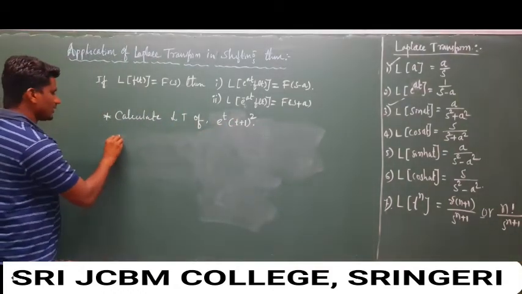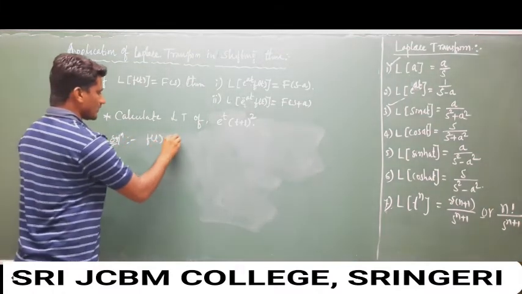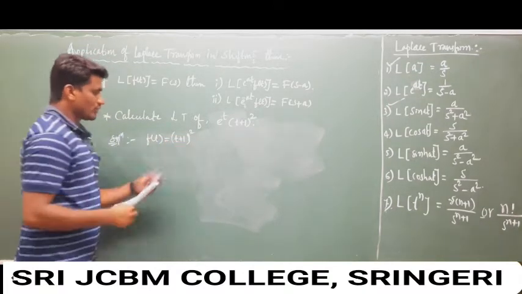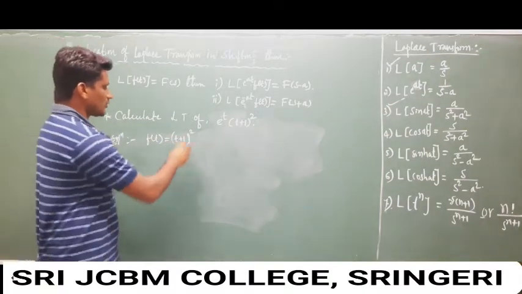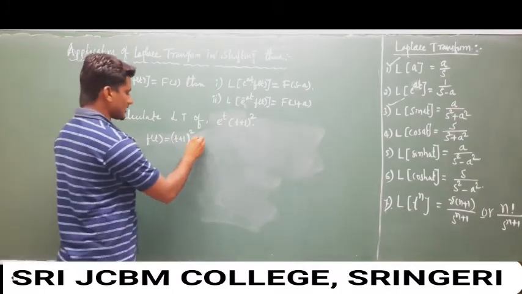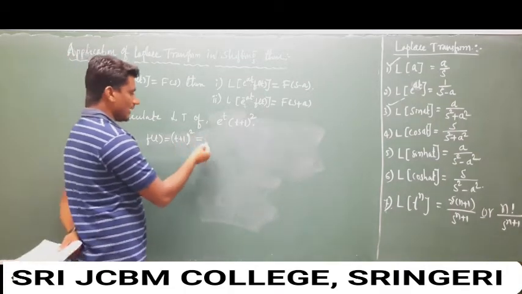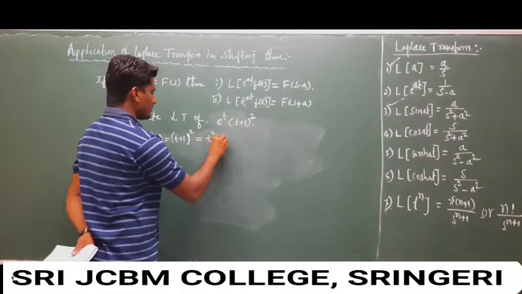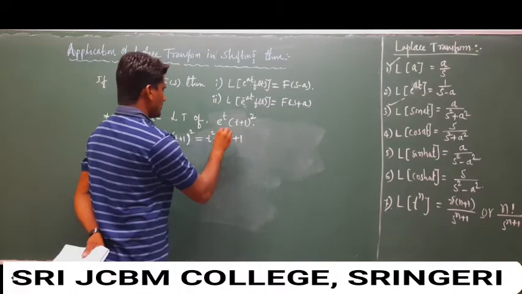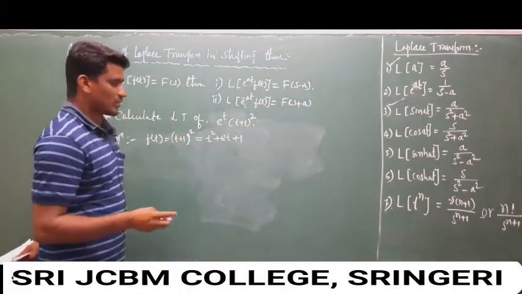In the solution, first we consider f of t as (t plus 1) whole square, and we don't know the Laplace transform of this directly, so we have to simplify with the help of algebraic simplification, using the formula for (a plus b) whole square. The simplification of (t plus 1) whole square is t square plus 2t plus 1.